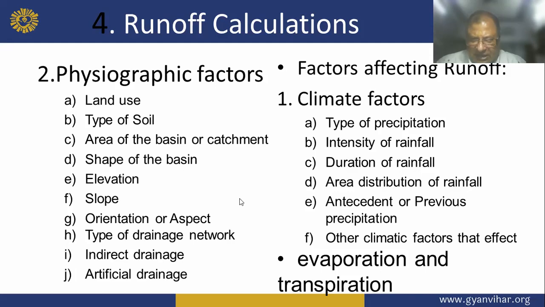The climatic factors are type of precipitation, intensity of rainfall, duration of rainfall, and areal distribution of the rainfall. Also antecedent precipitation and other climate factors that affect evaporation and transpiration.